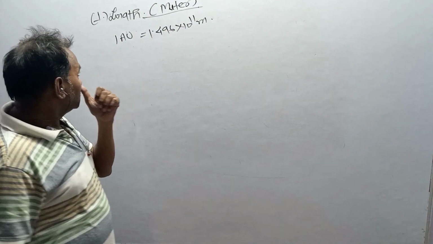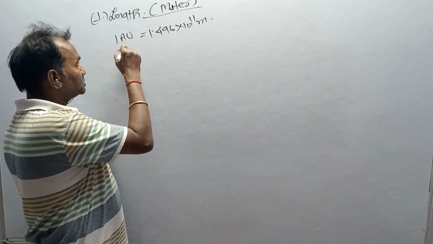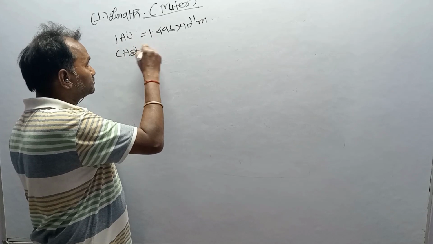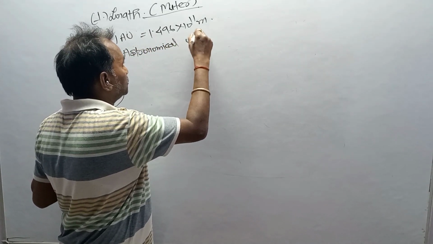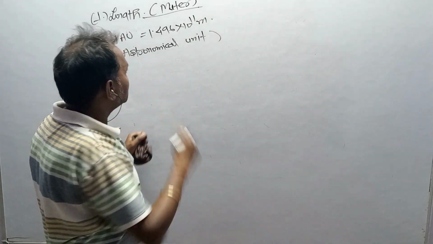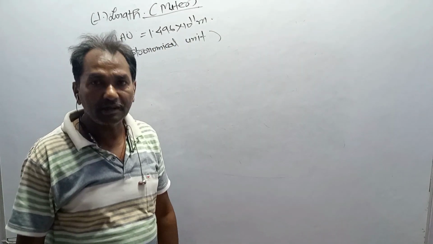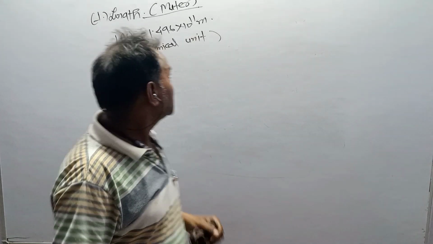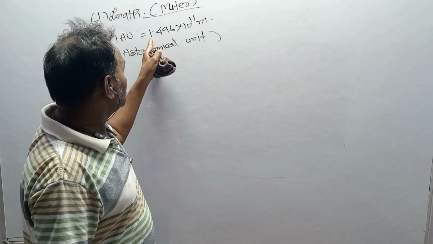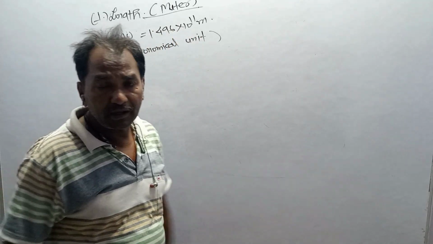As I told you, AU is called the astronomical unit, and that works out to be 1.496 into 10 to the power 11 meter. Dear students, it is the average distance between the Earth and Sun. That is, 1 AU equals 1.496 into 10 to the power 11 meter.